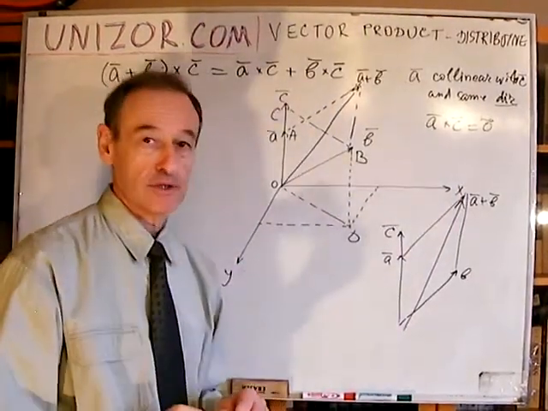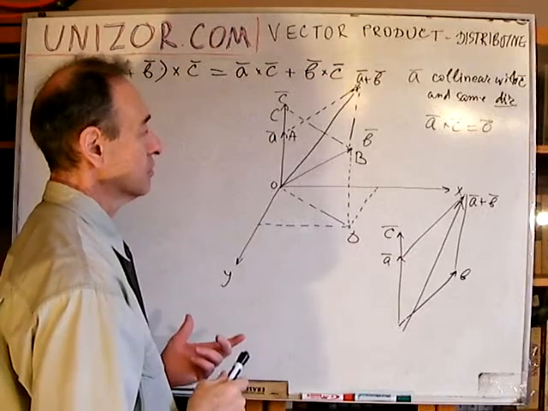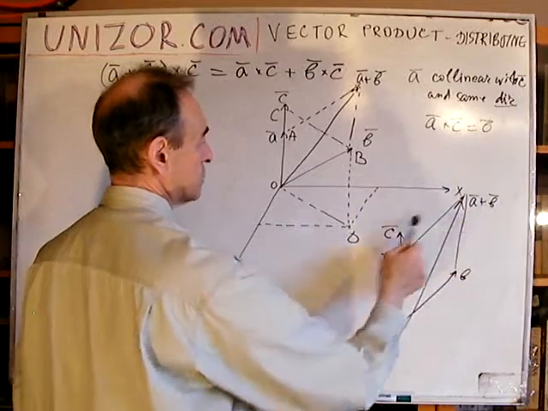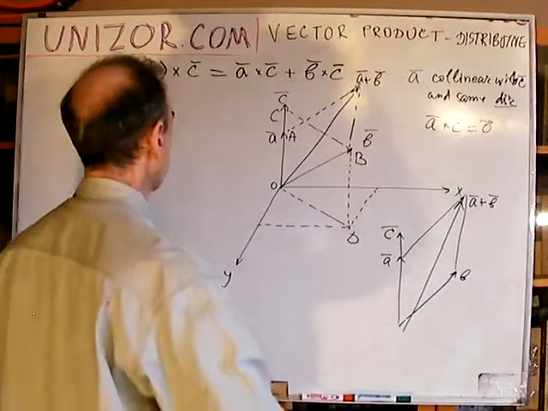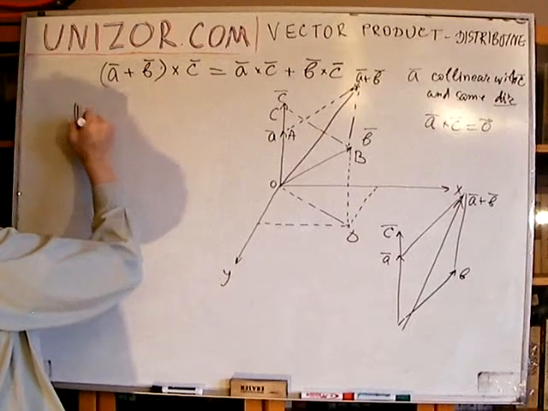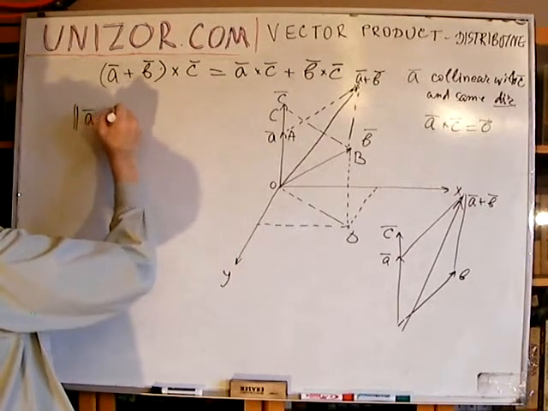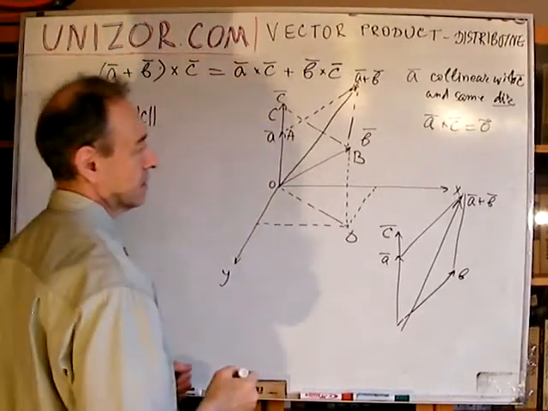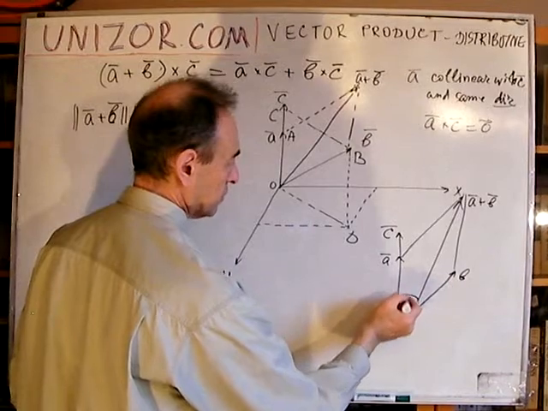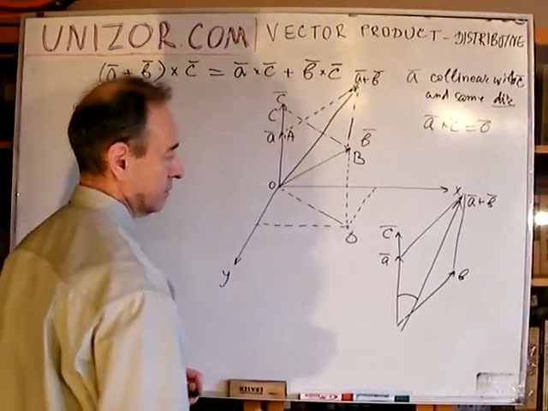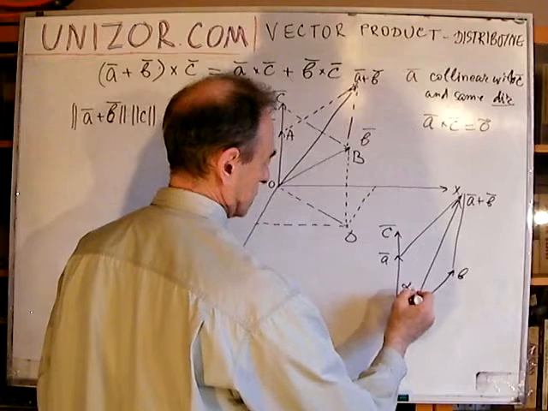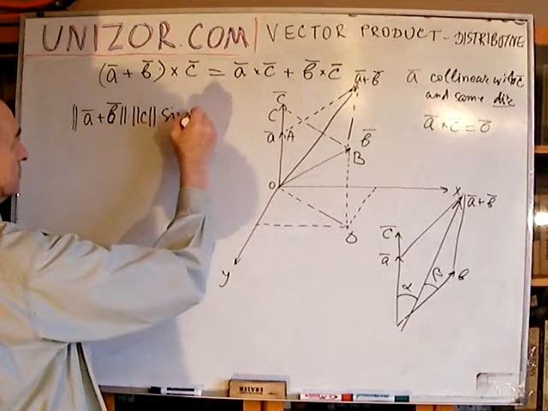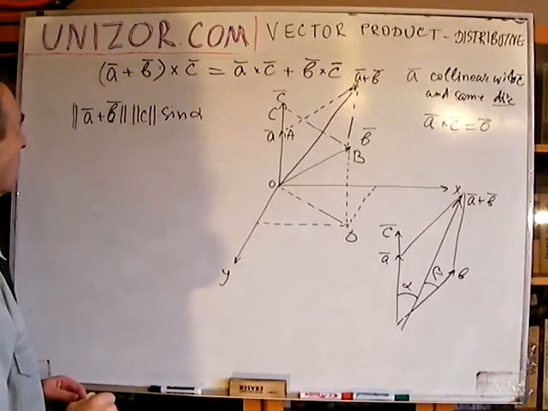Now let's talk about magnitude. Okay, so what's the magnitude of, let's say, A plus B times C? Well, it would be length of the A plus B times length of the C times sine of this angle. Let's call it alpha, and let's call this angle beta. Right?